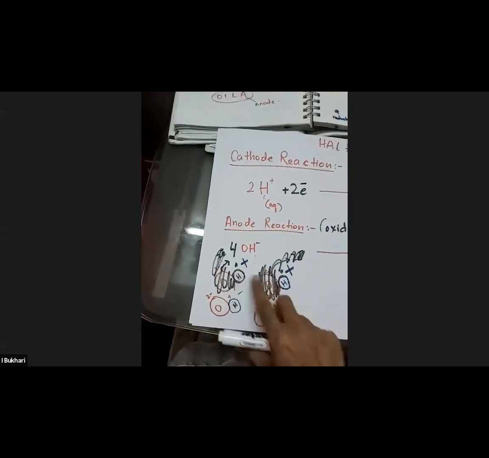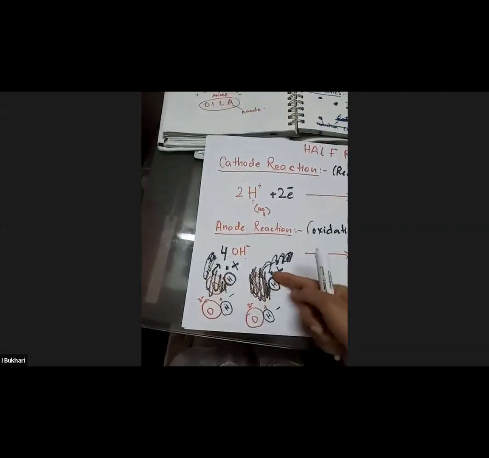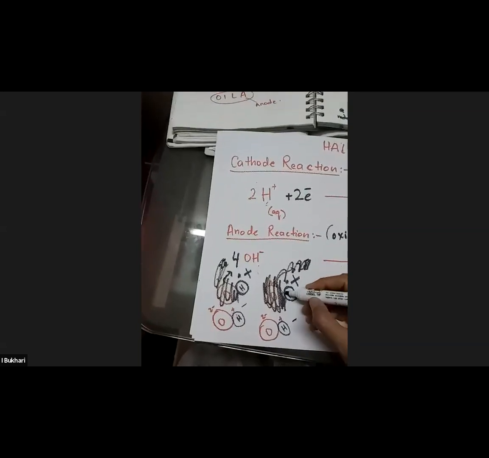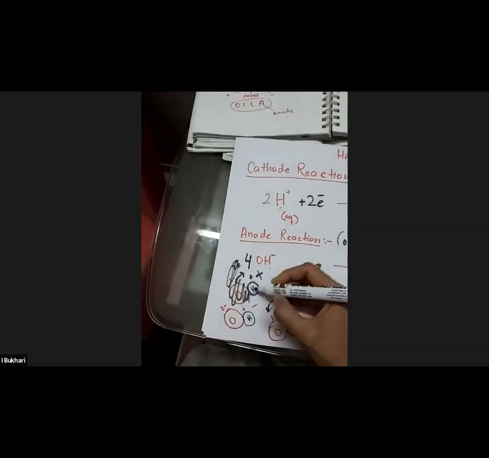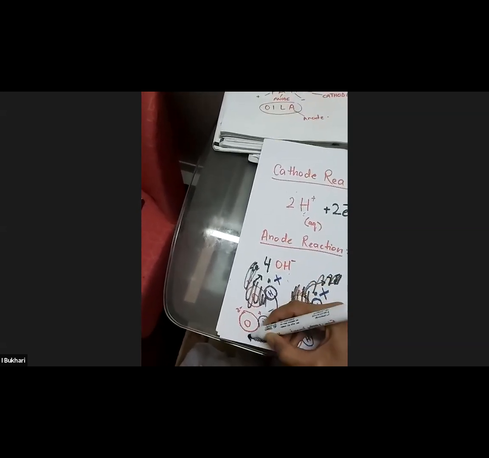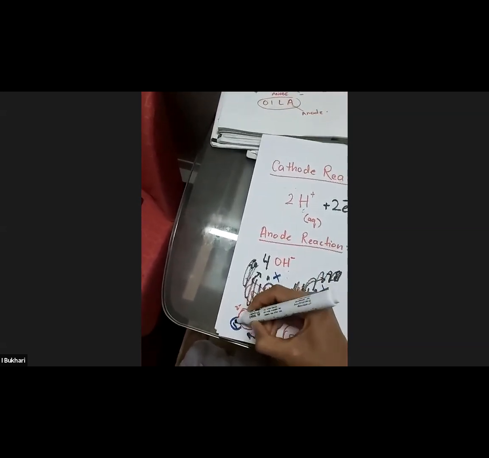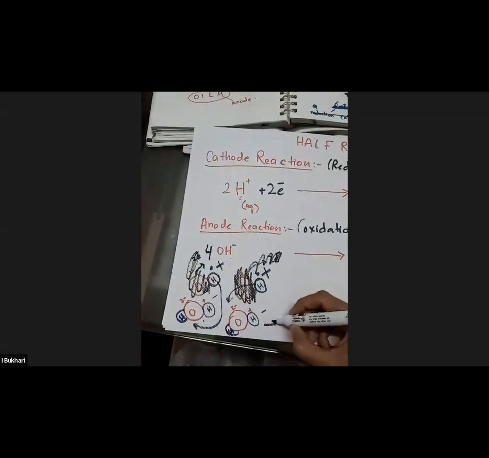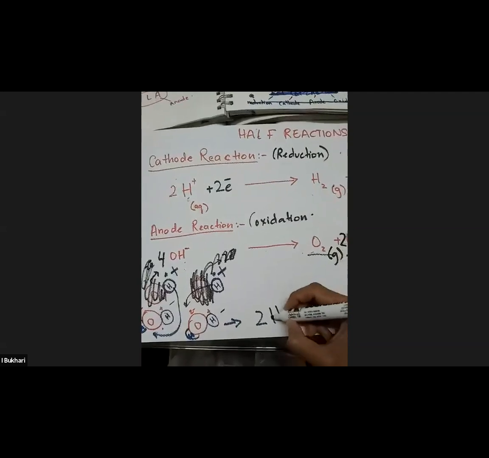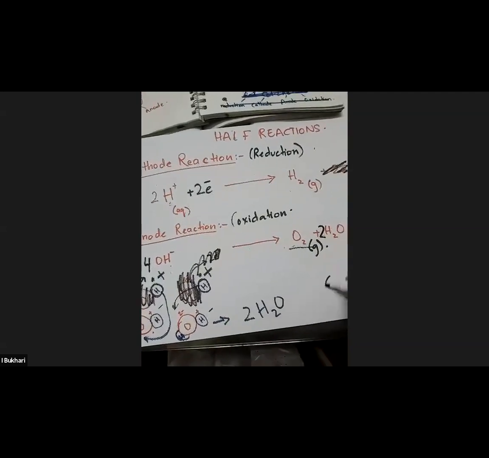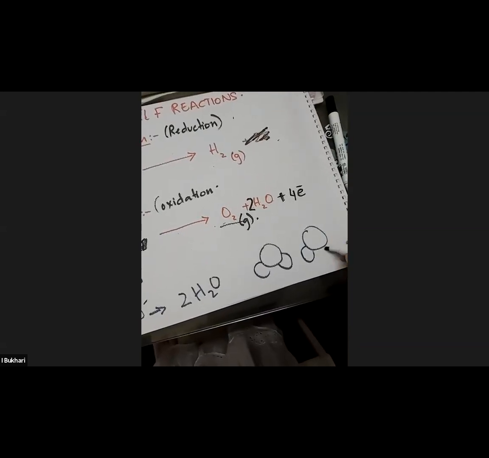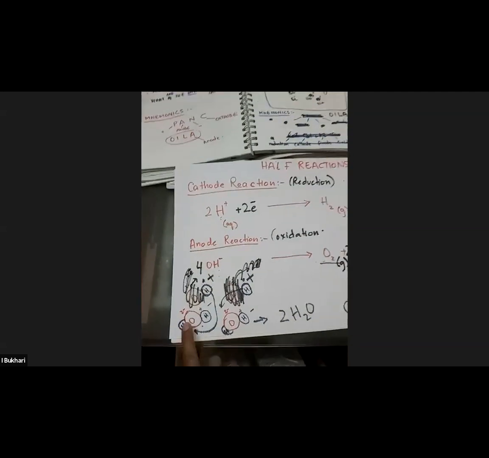This hydrogen ion comes and attaches itself here. This hydrogen ion comes and attaches itself here. So they become 2 water molecules. Can you see? These are 2 water molecules.